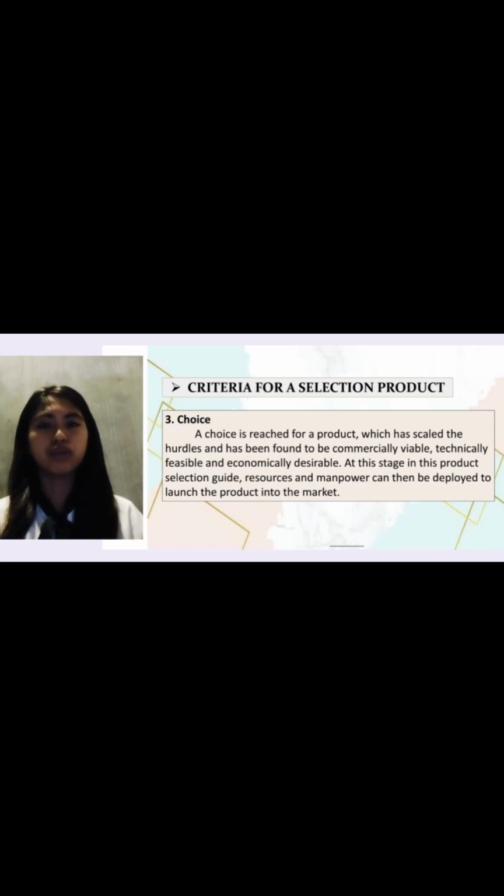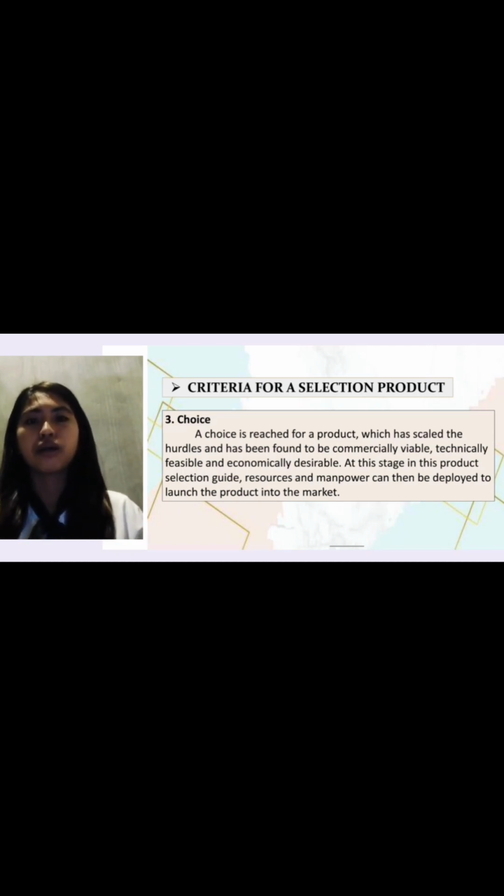So in alignment with business objectives, dito papasok yung product na pwedeng maging aligned dun sa objective ng business nyo. Number 2 is the market potential, which product sa tingin nyo may greatest potential na makapag-generate o makapagbigay ng revenue sa inyo kapag na-develop na yung product at binebenta na sa market.